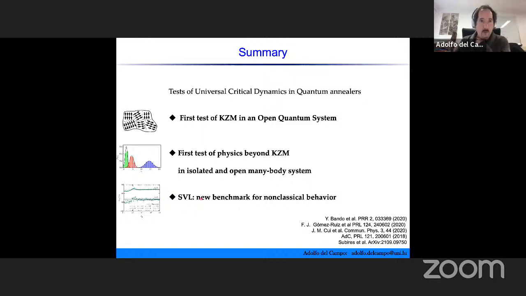The early results using the standard benchmark in the community suggested that no classical model could reproduce it, but we introduced this new benchmark, the spin vector Langevin model, that can indeed account for the observed behavior. This is not to say that the machine is classical. It is that the same phenomenology can be reproduced by a classical model.